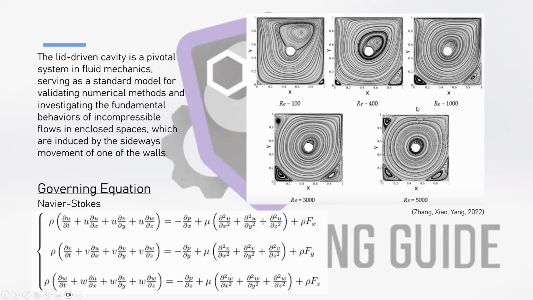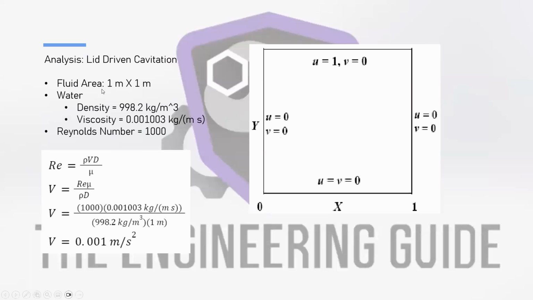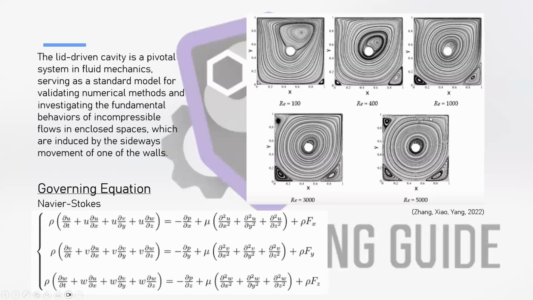We will not be seeing the formation of the third vortex up in the top left corner that only occurs when we increase the Reynolds number to a higher amount, as we see in these figures here. So from Fluent, based on the parameters I showed on this slide, we should be able to validate the results and pretty much get the same results as we are seeing in the figure here. So let's jump into Workbench and let's get into building this simulation.